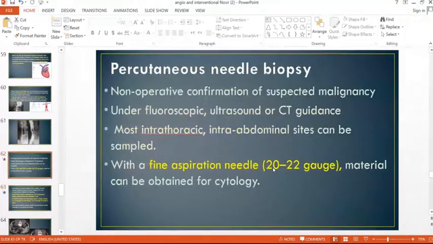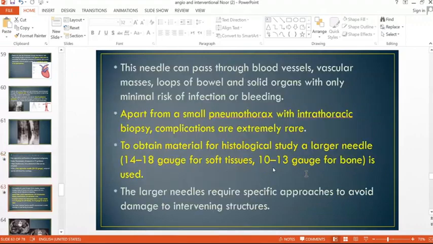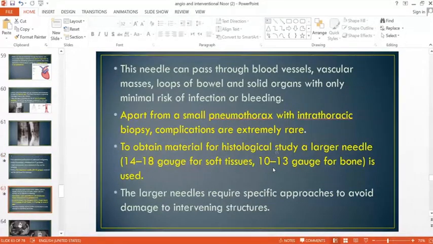The percutaneous routes can be used for FNA, which means a small bore needle, 20 to 22 gauge with minimal complications, but it can be used for larger tissue samples using a larger needle, 14 to 18 gauge for soft tissue, and 10 to 13 gauge for bone. This is percutaneous needle biopsy.